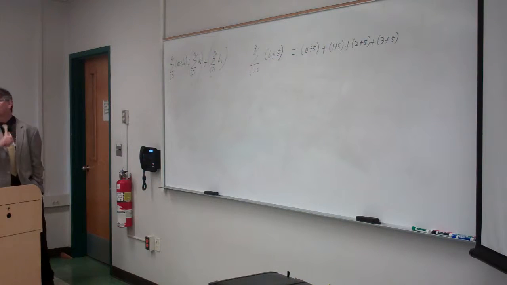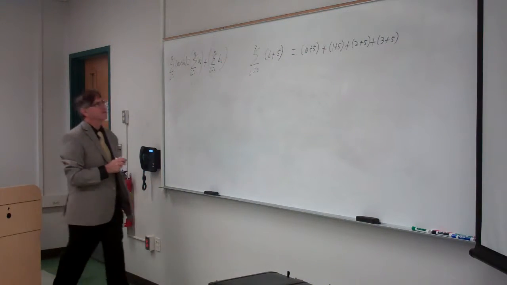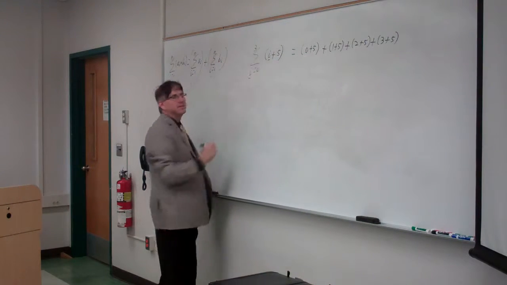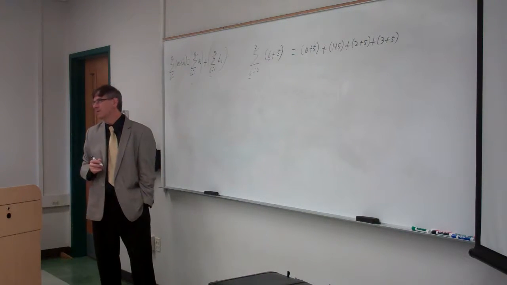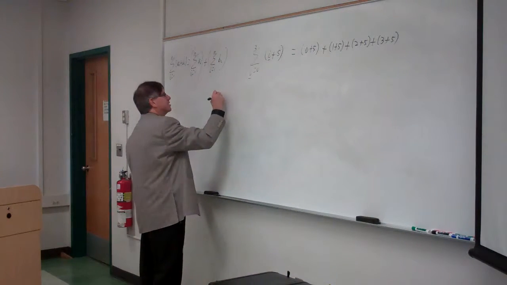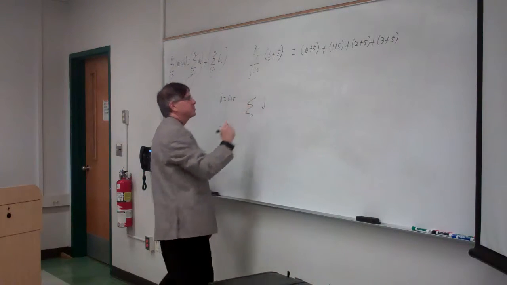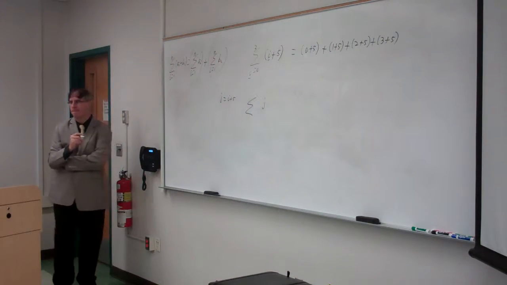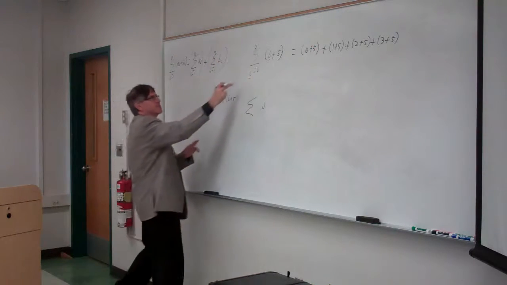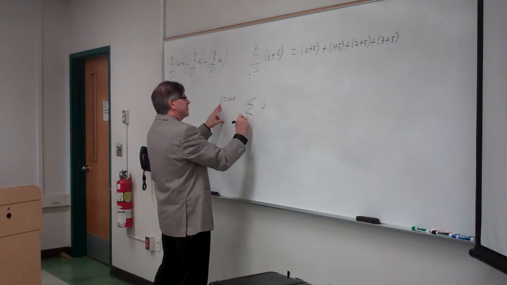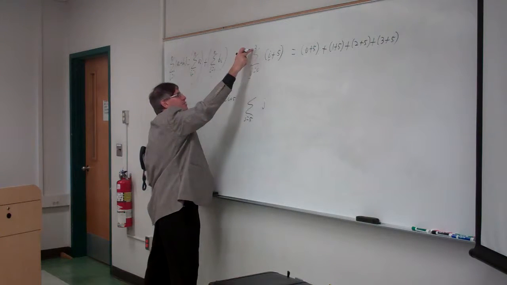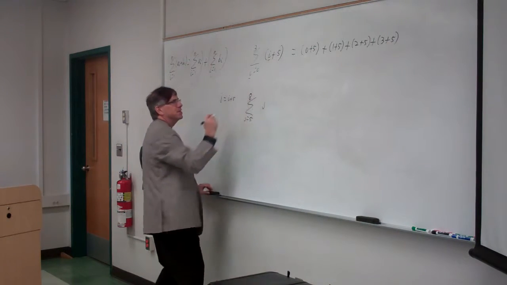But we can rewrite this expression by changing our index from i to something else. What I can do is say let j equal i plus 5. And now I'm just going to sum up j. But when i is equal to 0, j is going to be 5, and when i is equal to 3, j is going to be 8.